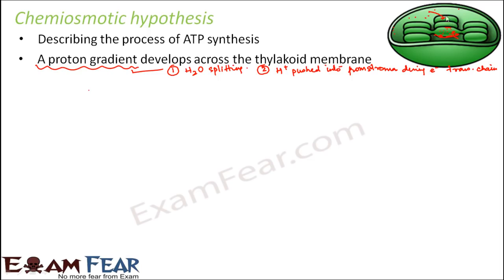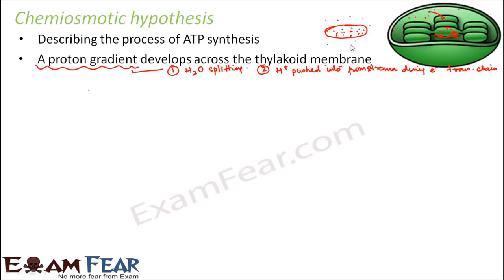So what happens? The result is that the concentration of protons inside the thylakoid space is very high, and the concentration of protons in the stroma is very less. So this creates a proton gradient. This is the high concentration, this is low concentration.